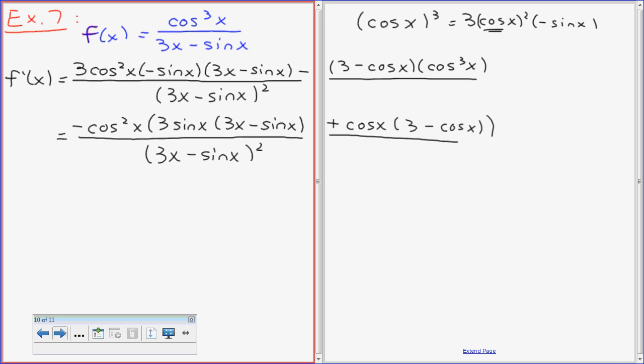All right, last question today involves a square root, like all my different questions do. Okay. Example, can I get rid of this? Yes? Okay, example 8.